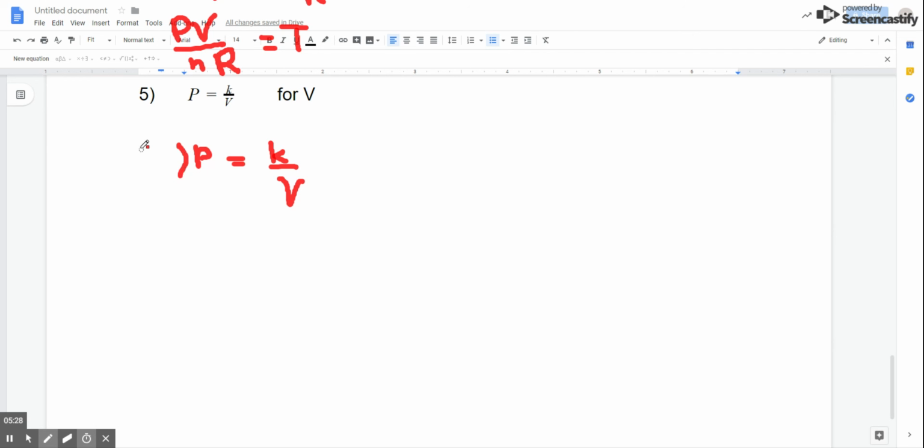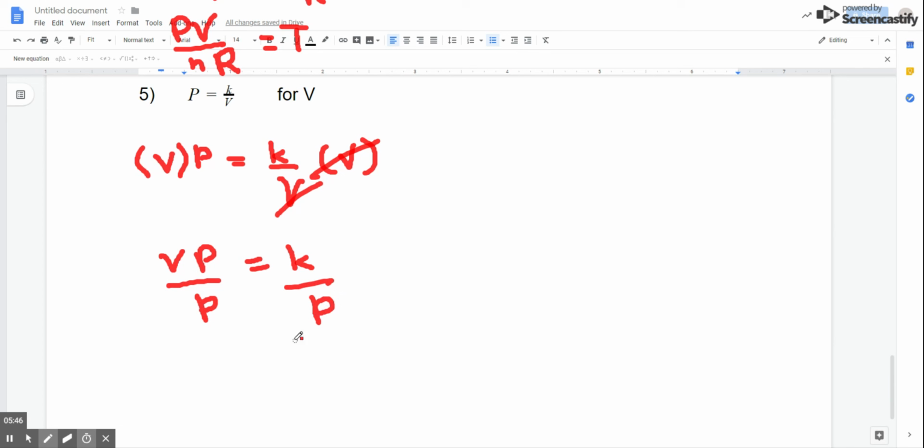So we're going to multiply both sides by V. So we have VP equals K, but we want V alone. So we're going to divide both sides by P. So V is equal to K over P. And this is how we rearrange equations.